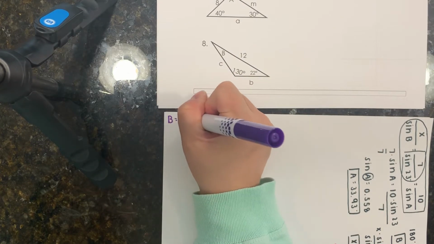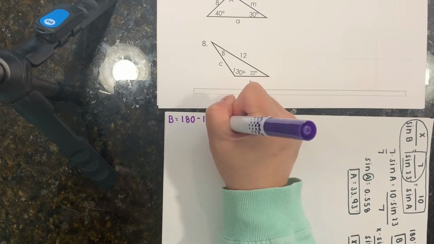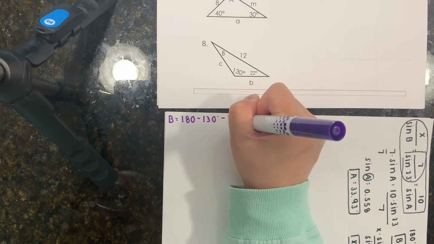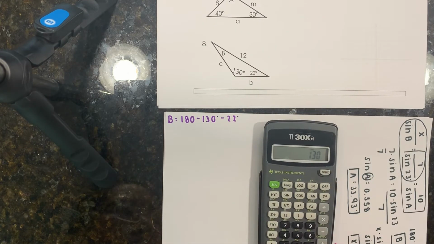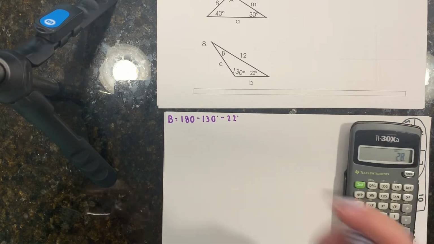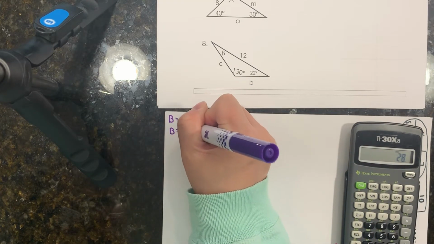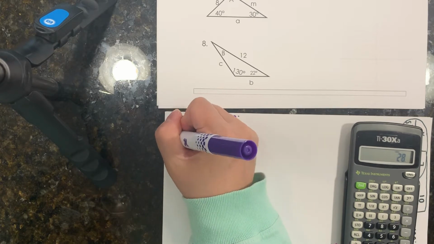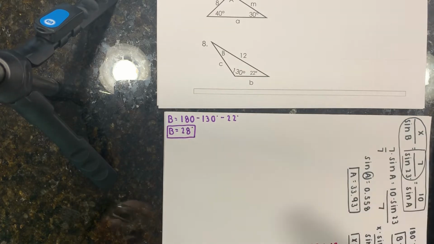So B would be equal to 180 minus 130 minus 22, which gives us B is equal to 28. Okay, so that's my first answer. Then I'm going to set up my law of sines.